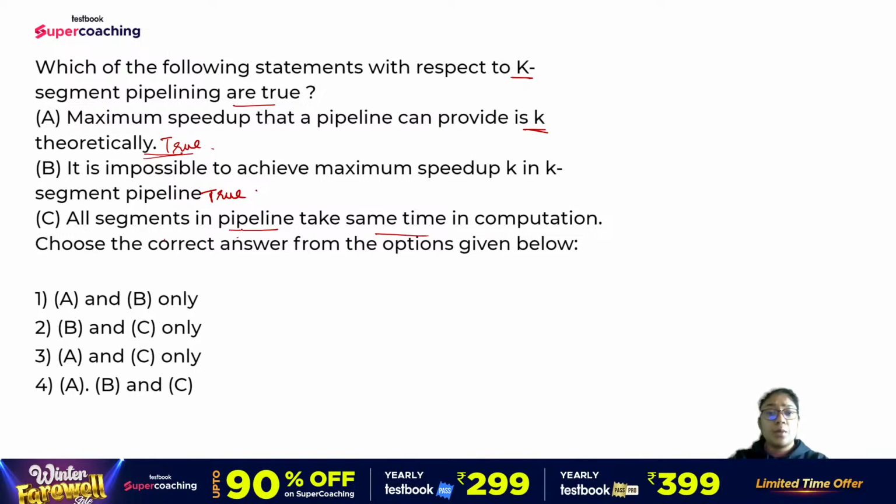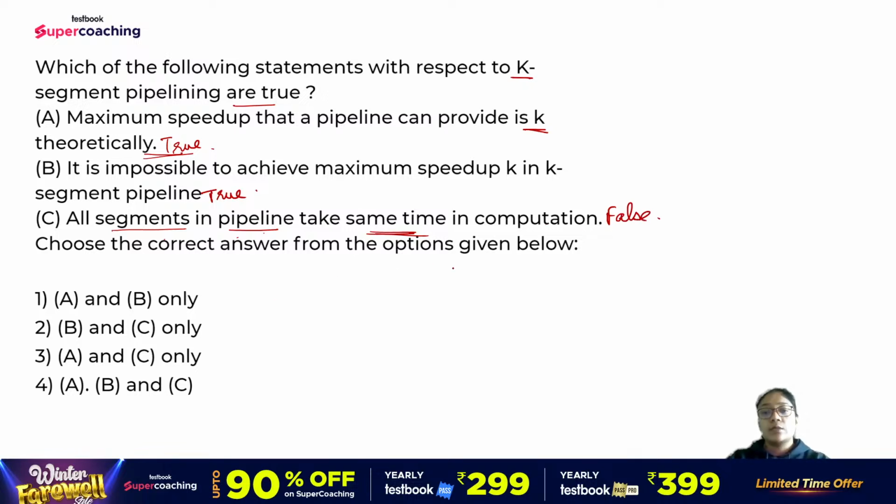We have come across some instructions where different sets of instructions are taking different numbers of clocks for computation in different segments. So that means not all segments of the pipeline take the same computation time. So this statement is false.